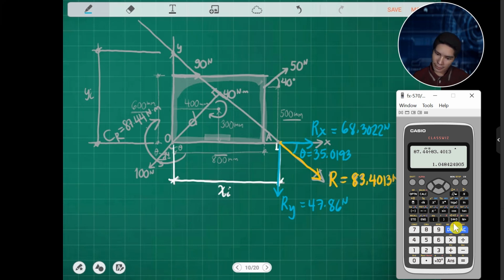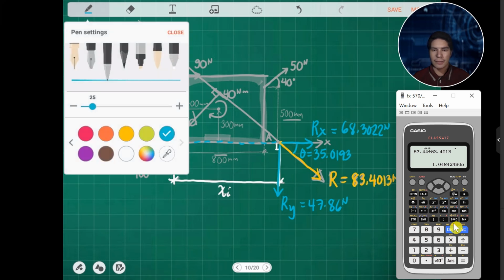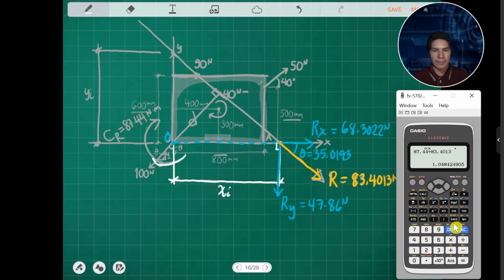If you look at it, if we take moment at point O, Rx has no moment arm because they are collinear, so it will not generate a moment. The only one that can is Ry. So we now have a moment here of 87.44 Newton meter. That means the moment at point O, which is equivalent to the resultant couple, is just Ry multiplied by the x-intercept.